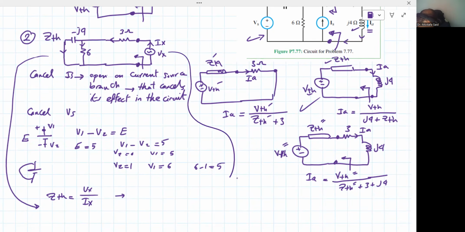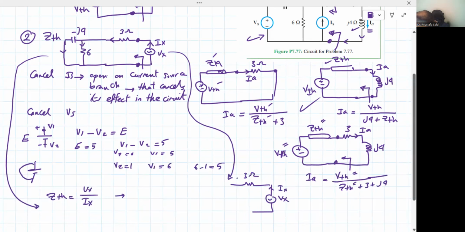Here is Mr. Vx, here is Mr. Ix, 3 ohm, and here you have two reactances, like in general, a resistance and the reactance in parallel. How to know they are in parallel? They have the same terminals. First terminal is the same, second terminal here is the same. So I'm gonna draw it like that.